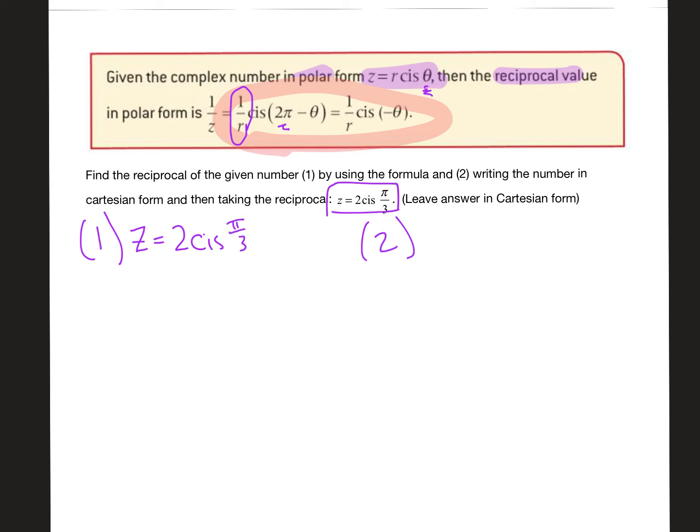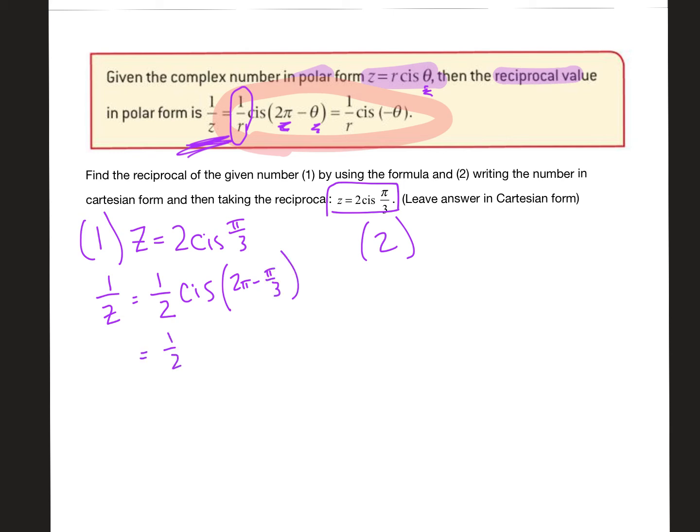So for the formula, if I'm going to do 1 over z, I need to do the reciprocal of the radius, and then in the parentheses I have 2 pi minus the angle. In other words, 2 pi minus pi over 3.